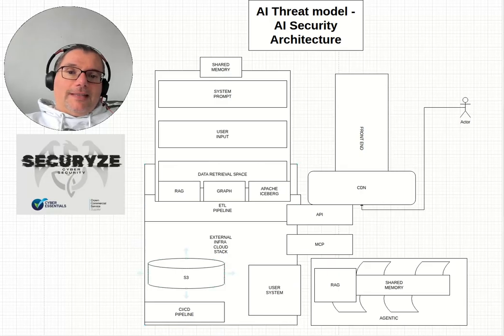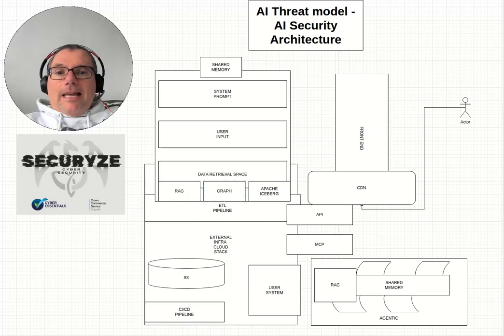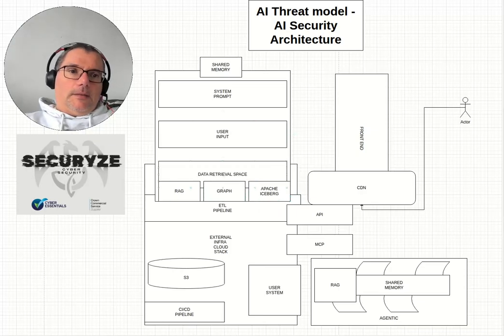Think about all this data that gets ingested by the ETL pipeline and how it gets embedded later into a vector database. Where is the vector database? How does it get connected to the vector database?